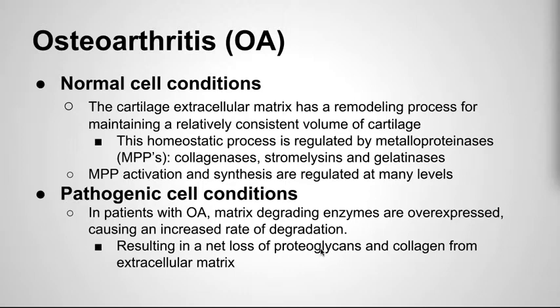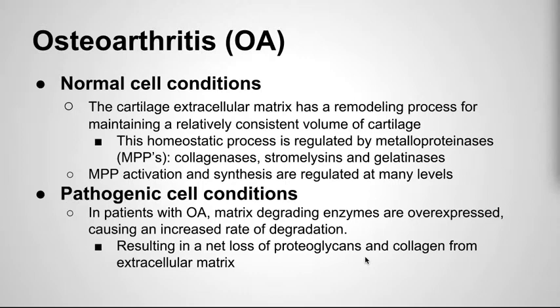But under pathogenic cell conditions, or in patients with osteoarthritis, there are matrix degrading enzymes that are overexpressed. And again, those are the MPPs that I mentioned on the previous slide. And this would cause an increased rate of degradation, which would ultimately result in a net loss of the things that make up cartilage.